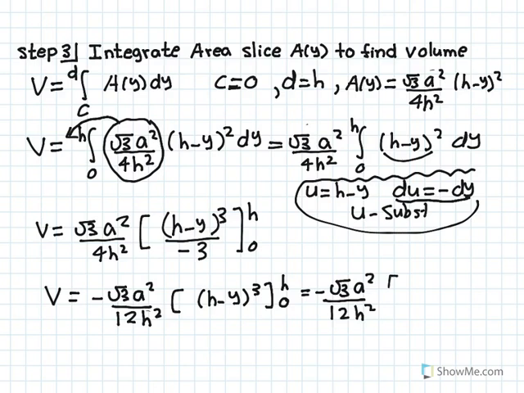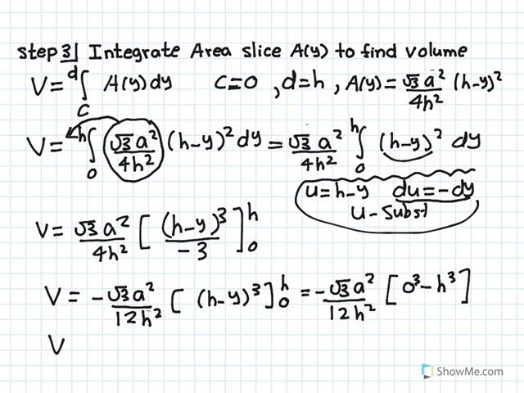Now apply the fundamental theorem of calculus, put the upper limit in, h goes into y, we get h minus h, that's 0, 0 cubed, that's 0, minus, now put y equals 0, we get (h − 0) all cubed, minus h cubed. And if we simplify, we get minus root 3 a squared times minus h cubed.